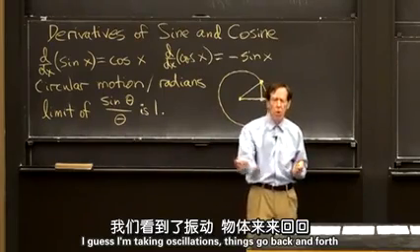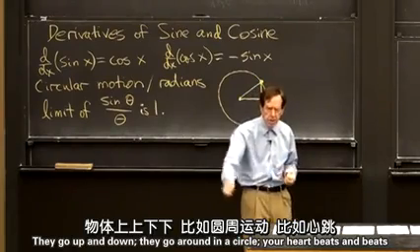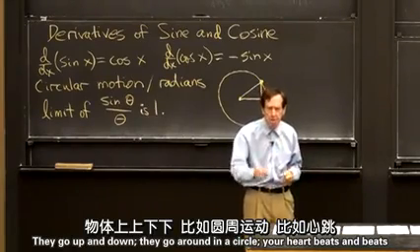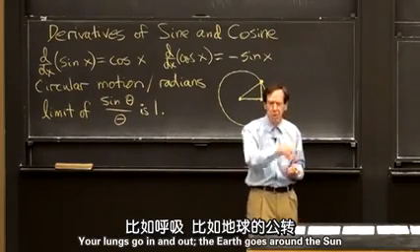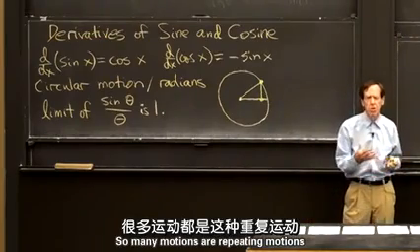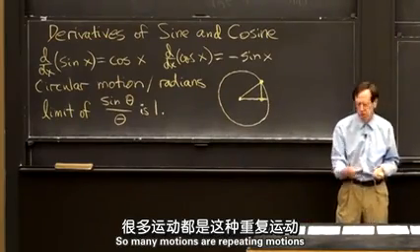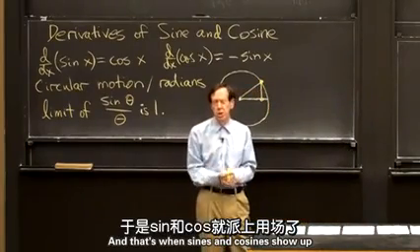Things go back and forth. They go up and down. They go around in a circle. Your heart beats and beats and beats. Your lungs go in and out. The earth goes around the sun. So many motions are repeating motions. And that's when sines and cosines show up.